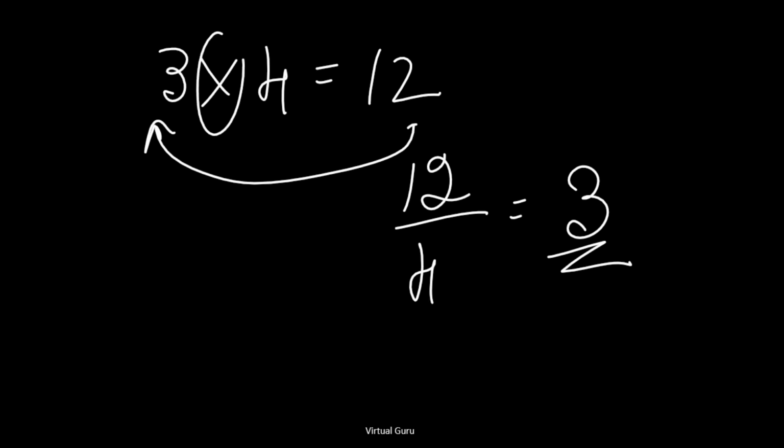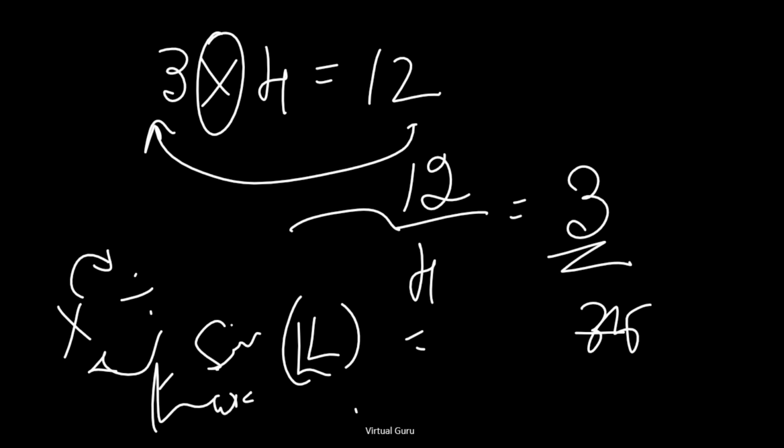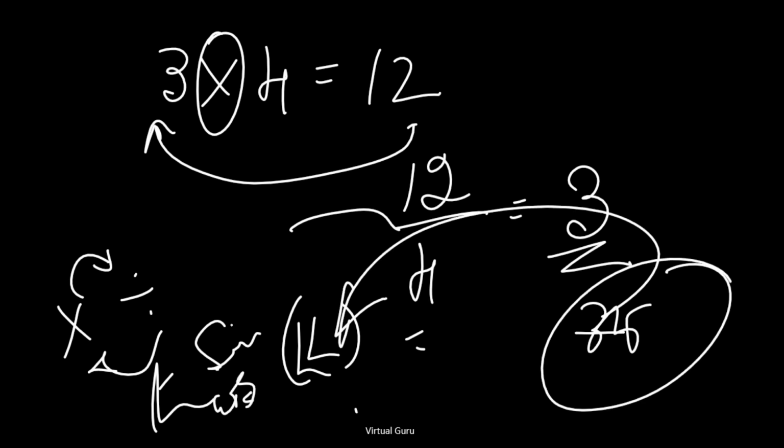So multiplication and division are inverse operations. Now, we have an angle and we need a side; that we can do using tan or sine or cos. Now we have the side, we need an angle, so we need an inverse operation.